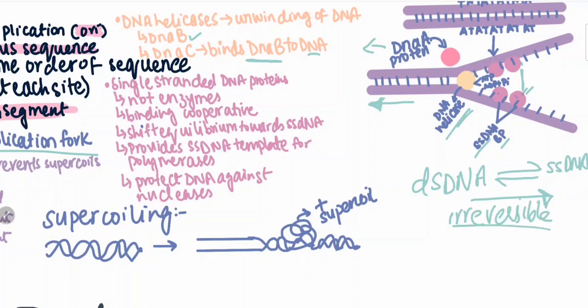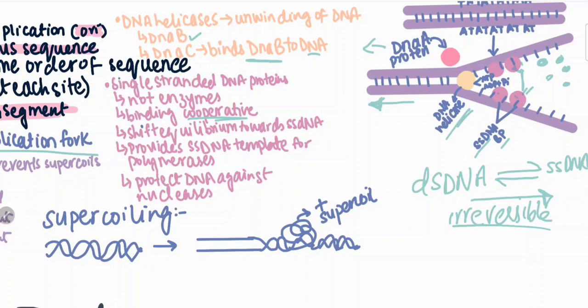Like that. Also, important to note is that their binding is cooperative. This means that if one molecule attaches here, it is going to increase the affinity of the bases to allow for more single-stranded binding proteins to come and get attached.